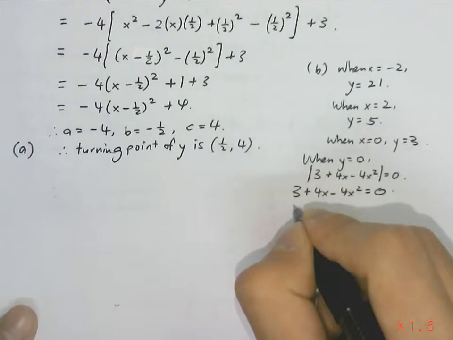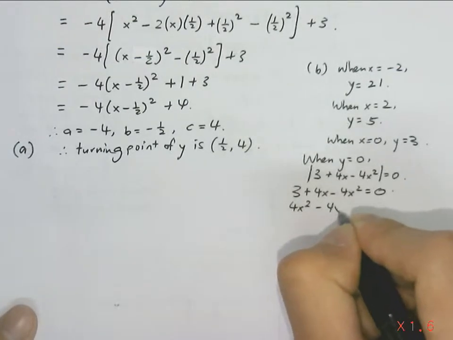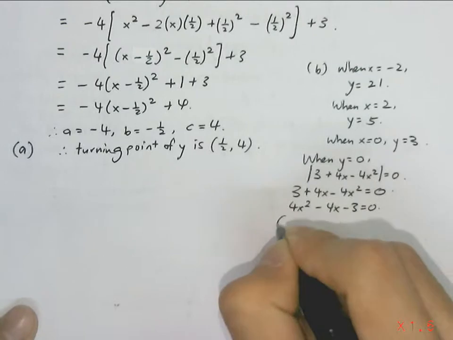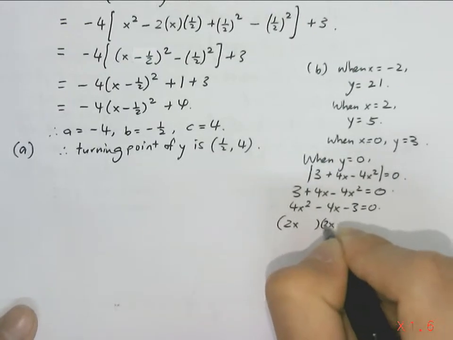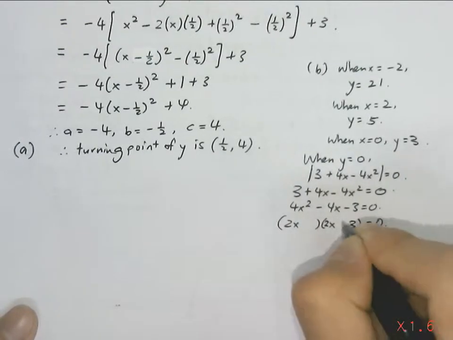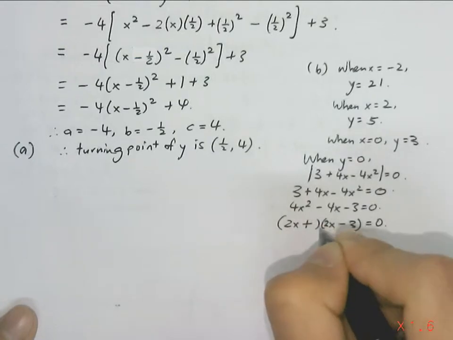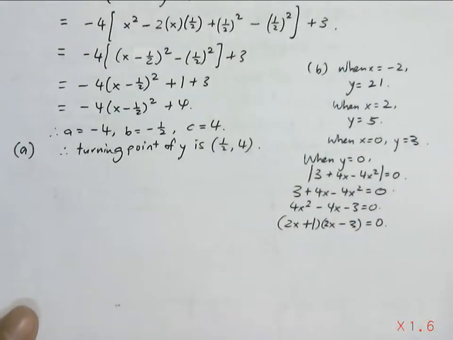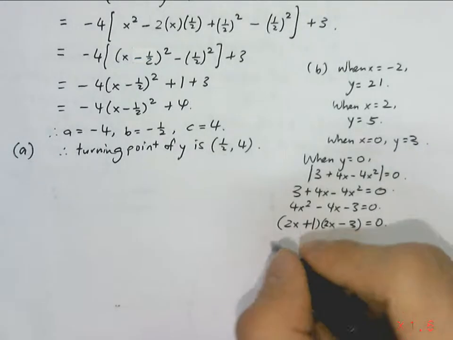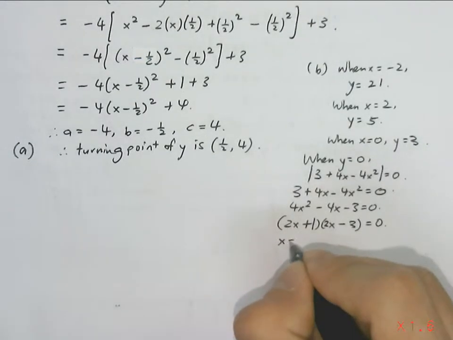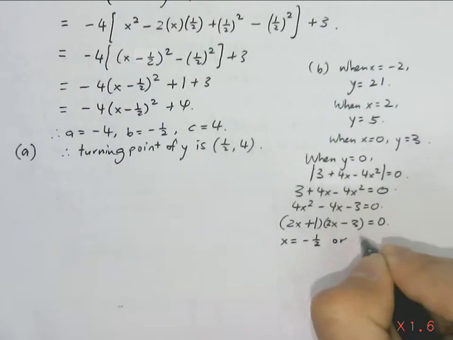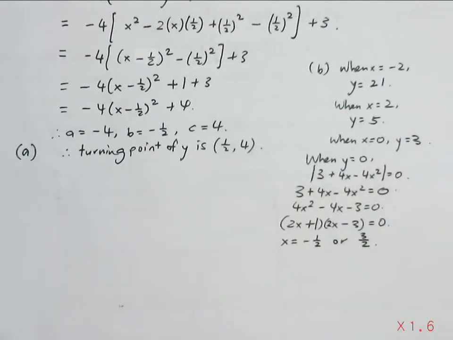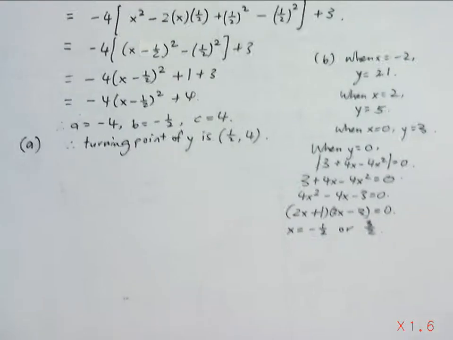And turning into positive x squared before we factorize it. And this will give us two x values, minus half or 3/2, which are actually the x-intercepts.